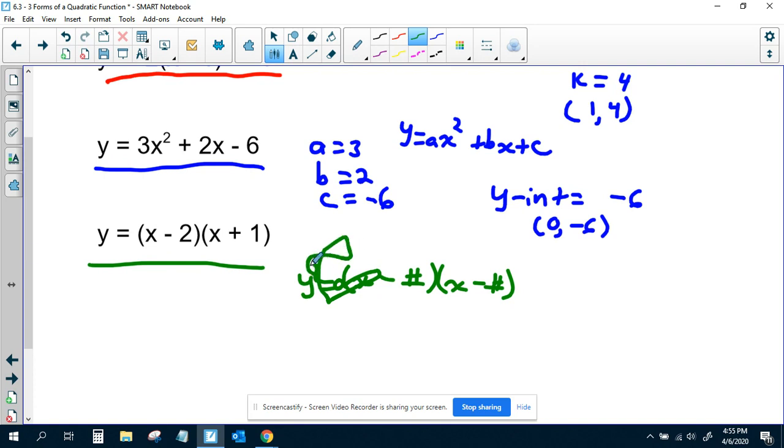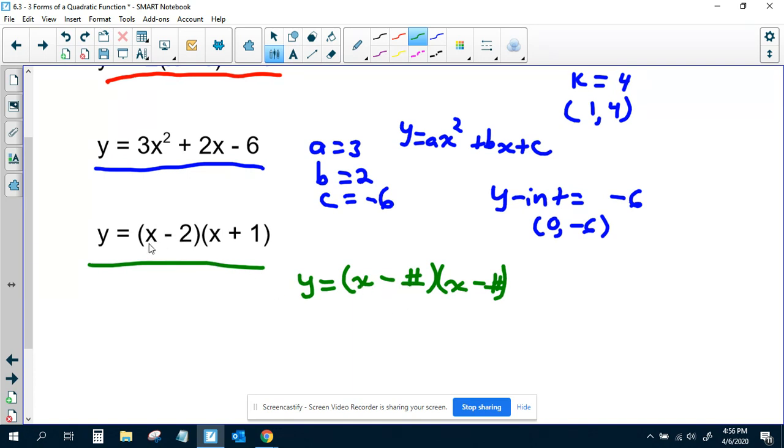Oops. Let's undo a little bit of that. Still getting used to my new pen. Okay, here we go. In this instance, we have x minus some number.